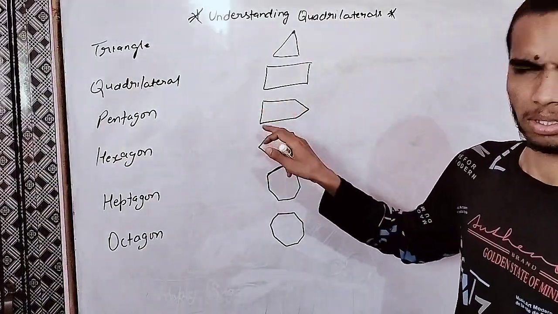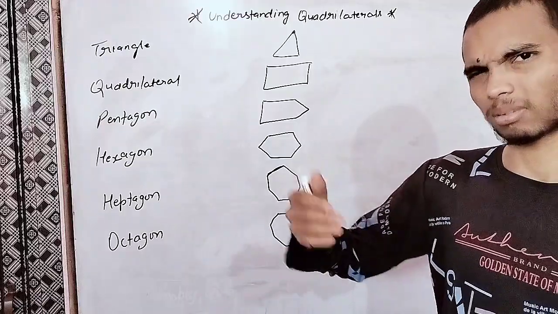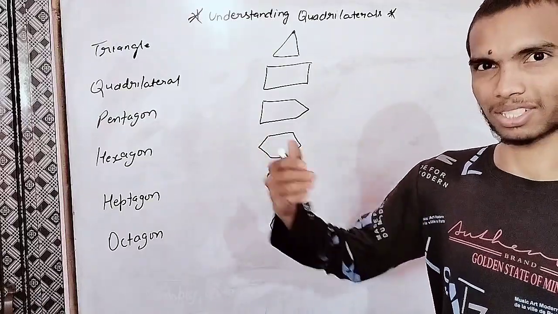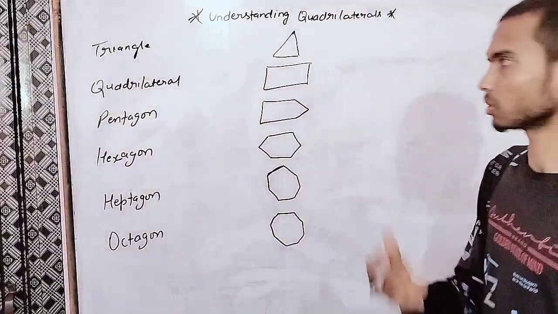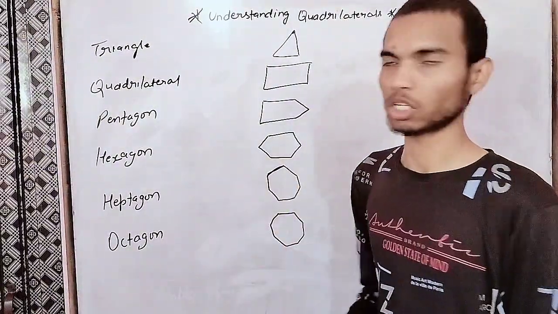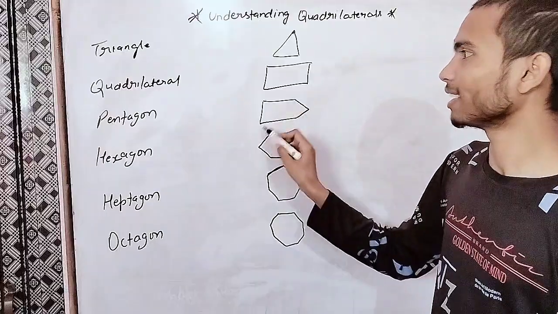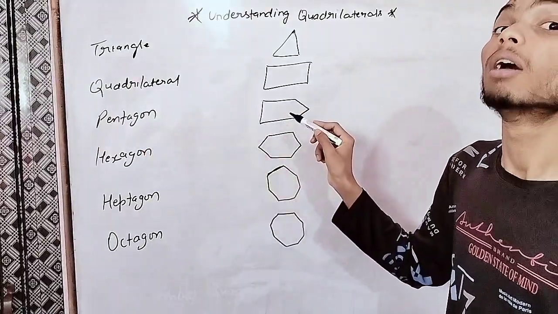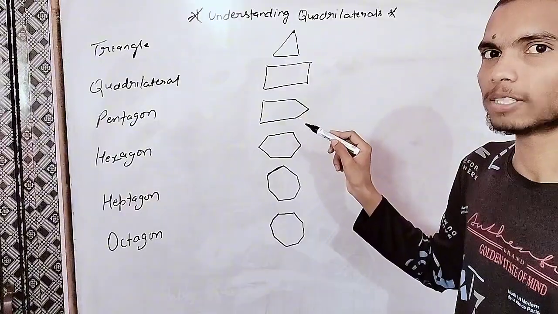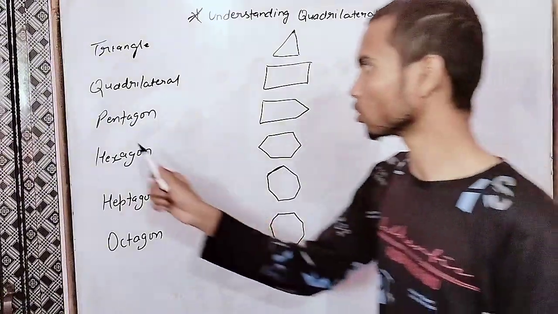Five line segments, and it will be better to say line segments, as these are standard words in the explanation of this topic. So a diagram of a pentagon has how many sides, how many line segments? Five segments, because it is a pentagon.